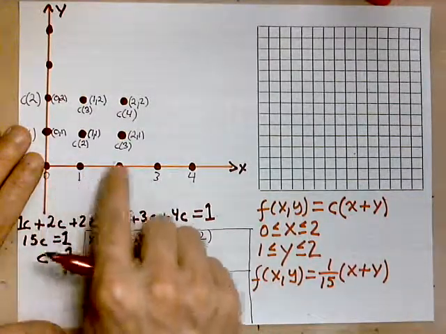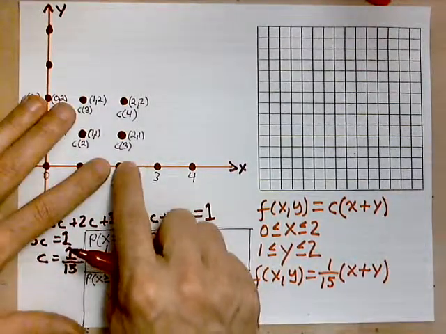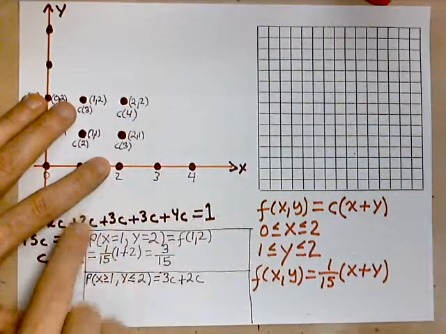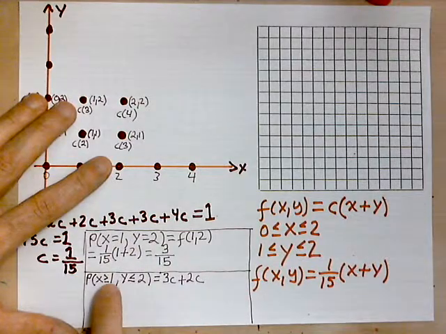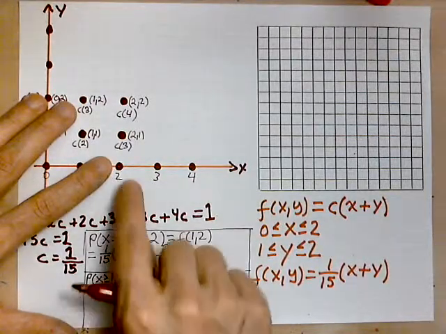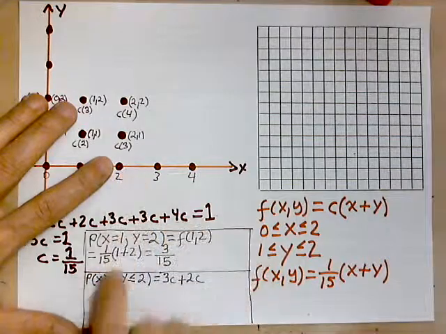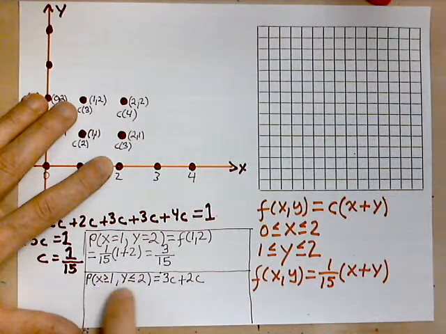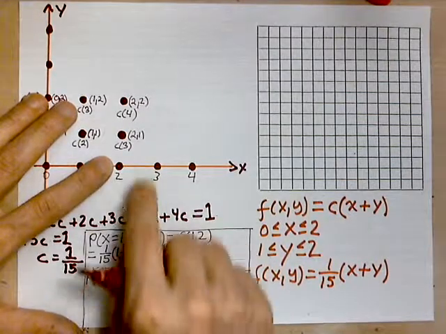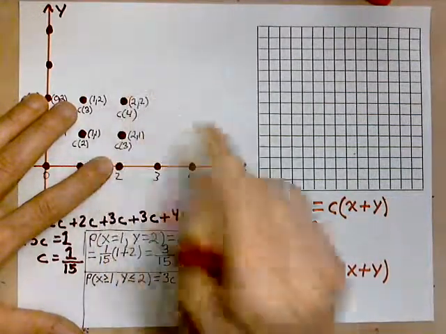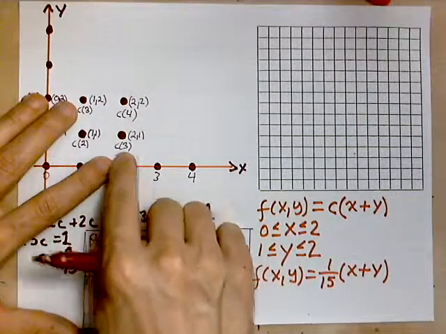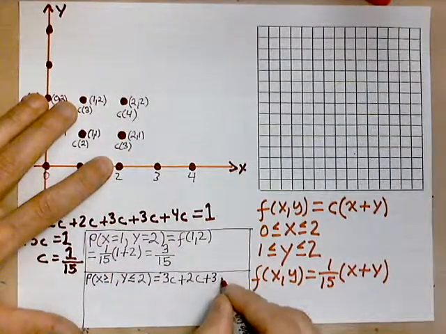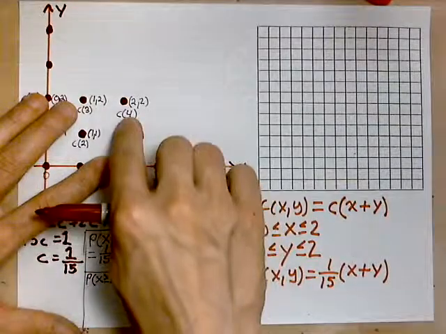Now, go over to the right and ask yourself, is x equal to 2 greater than or equal to 1? It definitely is. Then the first condition is true. And then y is allowed to be less than or equal to 2, so it's either this value or that value. So to this we will add another 3c, and then we will add the 4c.